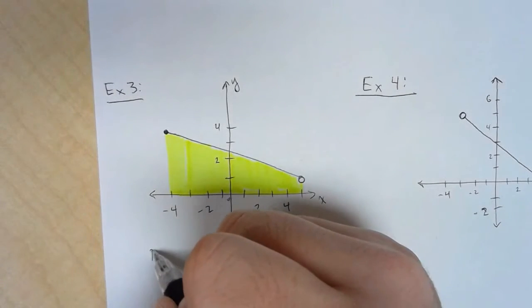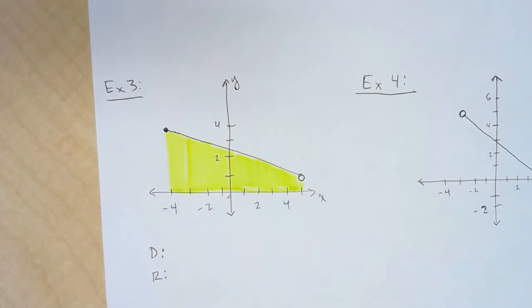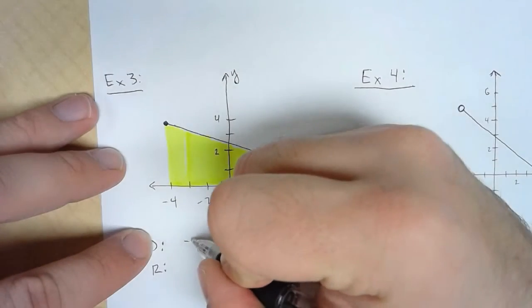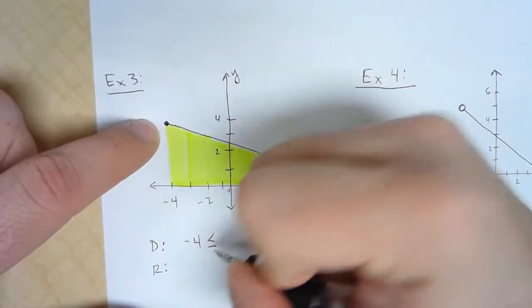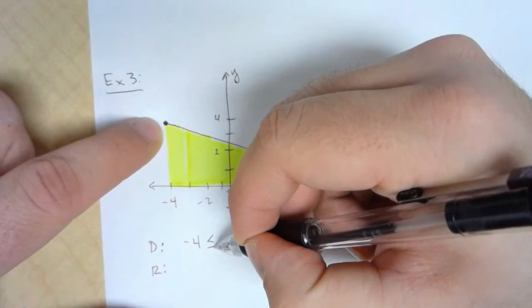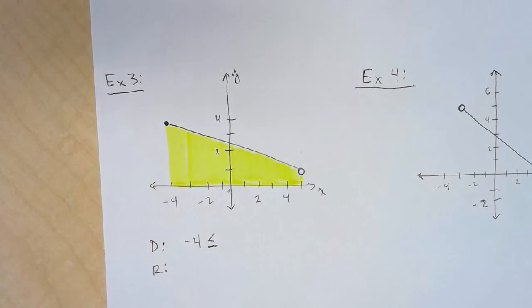We're going to still use the domain and the range, so D colon and R colon, and we're going to say our lowest value for our domain is -4, is less than or equal to, because it's smaller than all this stuff, this is where it ends, it's equal to because it has a closed circle, just like we did back when we were doing just individual line graphs with this stuff.